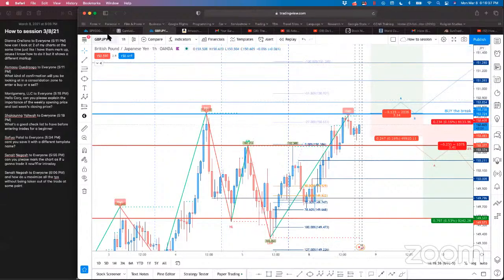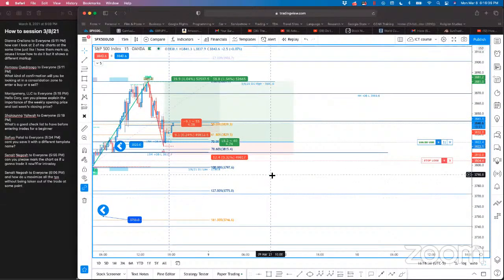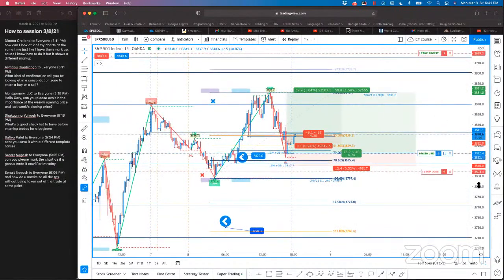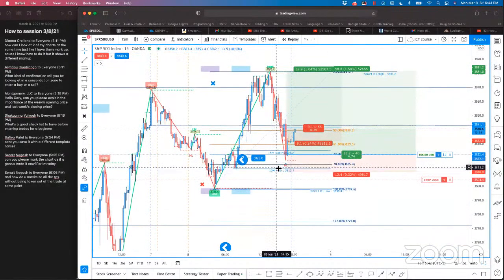I'll go over this trade I'm in right now. This is just a demo account, but I'm in my live account too. But this area right here, we made a low, right? Prior to me getting into this trade, we made this low. And let me hide the fibs right quick.